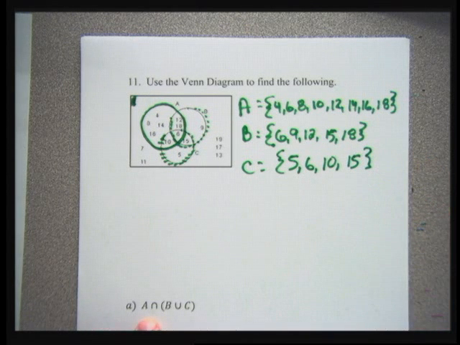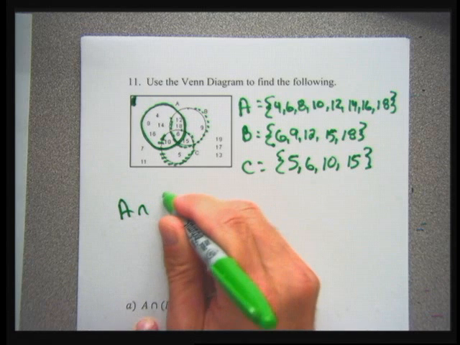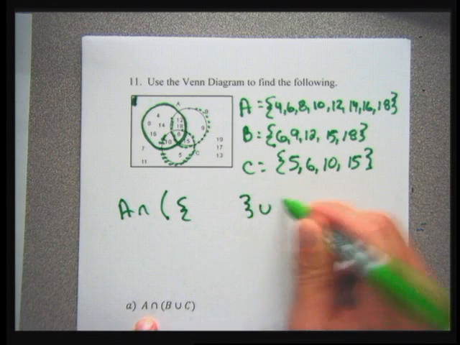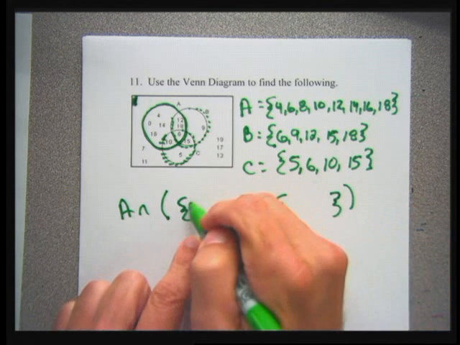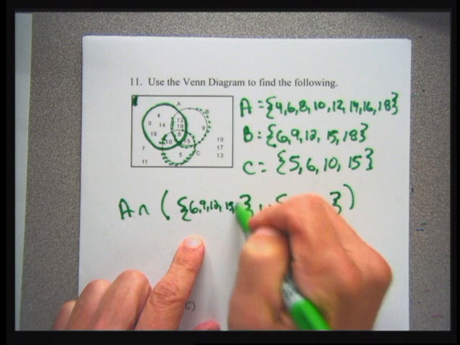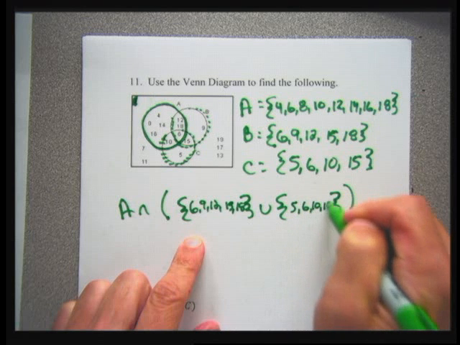I can do this part A without any primes, so I'm going to do that. I'm going to do A intersection, and then the parentheses wants a B union C. For B, I'm going to write 6, 9, 12, 15, and 18. For C, I'm going to write 5, 6, 10, and 15.